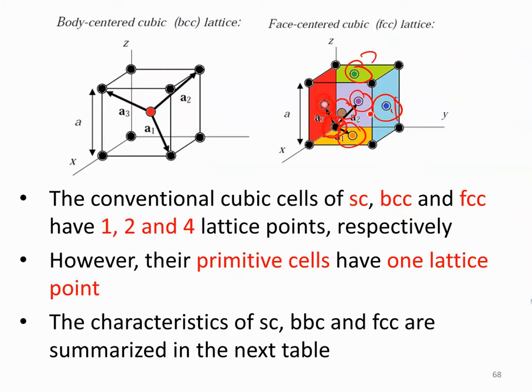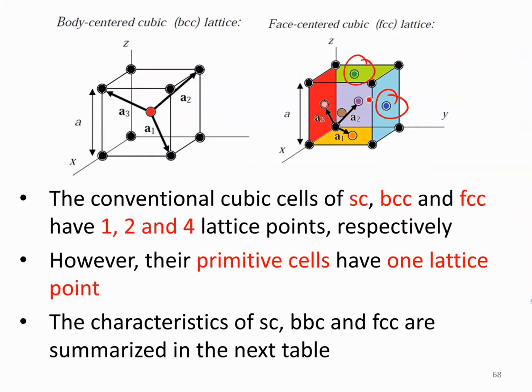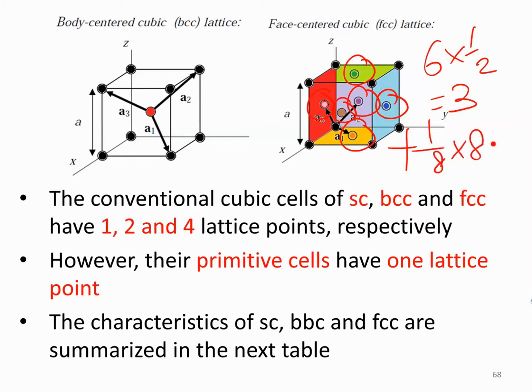Okay, I redraw again: 1, 2, 3, 4, 5, and then the red one, 6. So 6 times a half equals 3, plus 1/8 times 8 equals 1, so 4. This comes from the contribution of the face-centered lattice points, and this from the black ones, the corners.